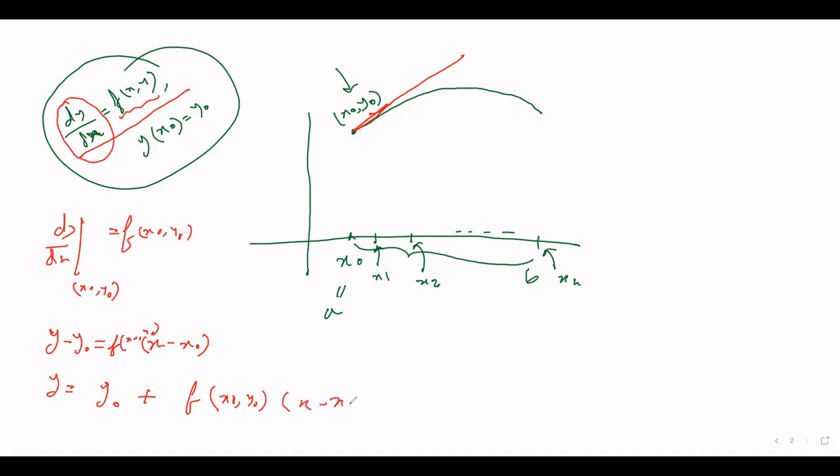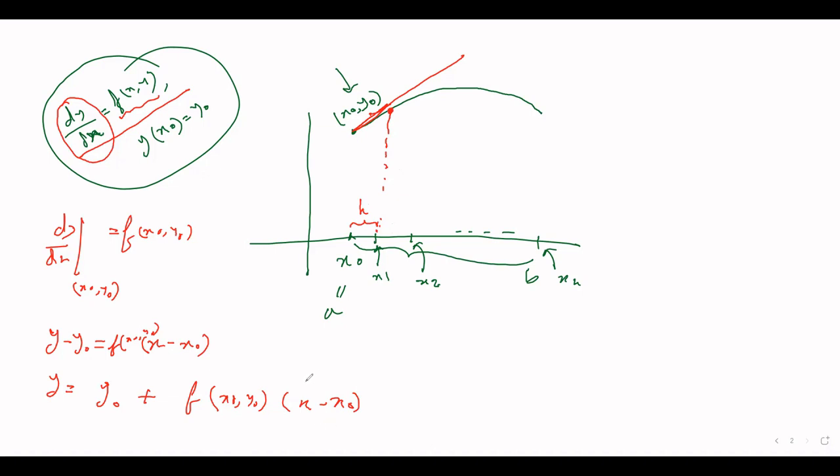Now, since we have chosen subintervals of equal length, let's denote that length by h. So technically, if we are trying to find y1, which should be this point, then to find y1, we should put x equals x1, right?